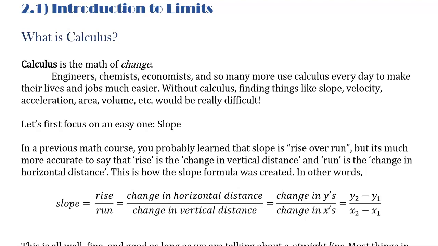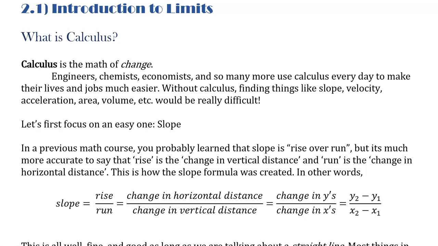It's true, but really rise is the change in the horizontal distance. So the up and down, the y's, which is where we get y2 minus y1 for the slope formula. And the run is the change in the vertical distance. So the x's, which is where we get x2 minus x1. And that is how we got our slope formula.